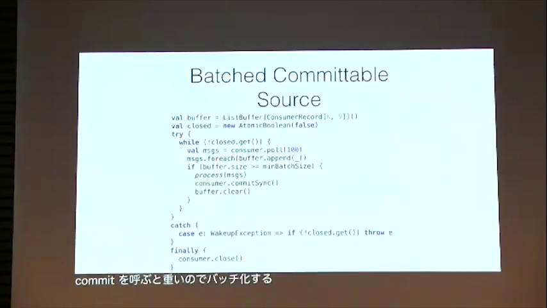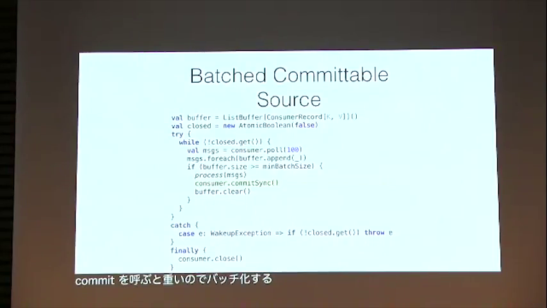But usually, we don't want to commit every single message. If we process a lot of messages, then it's OK to commit, for example, if we buffer some kind of batch of messages. Okay, so let's say I want to commit every message that passes the number 100.